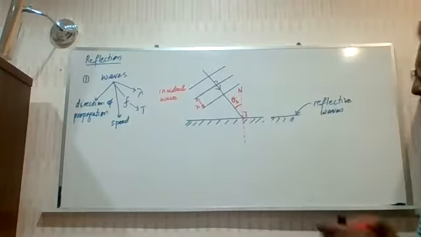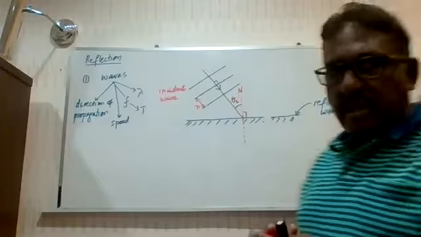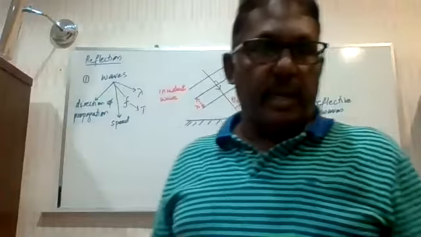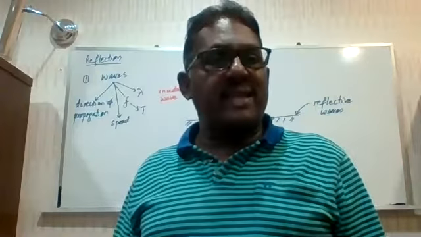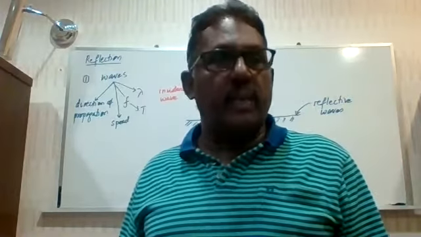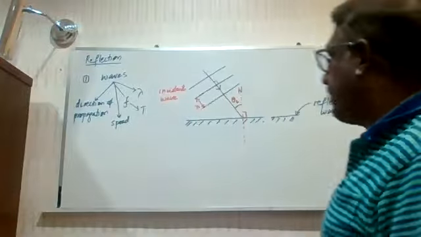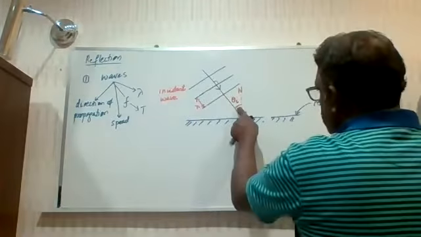Now, reflection always will follow and obey the law of reflection, which states that the angle of incidence will be equal to the angle of reflection. So that's the angle of incidence.